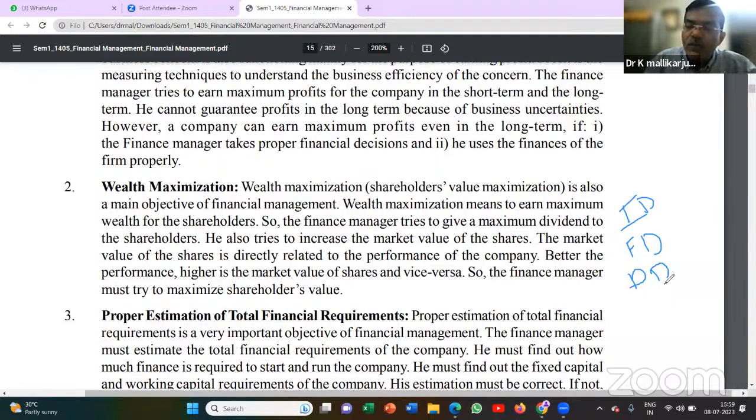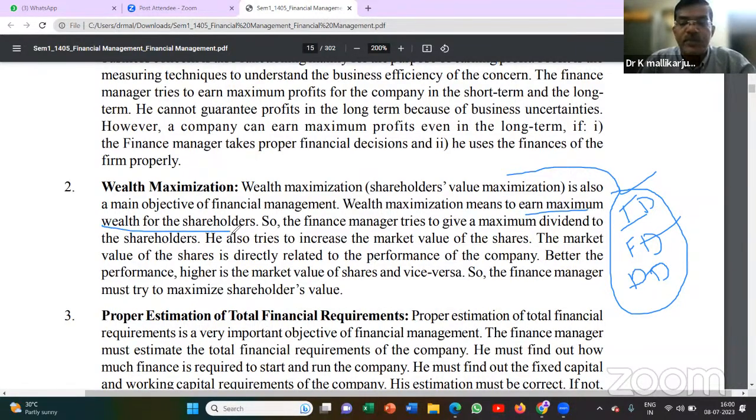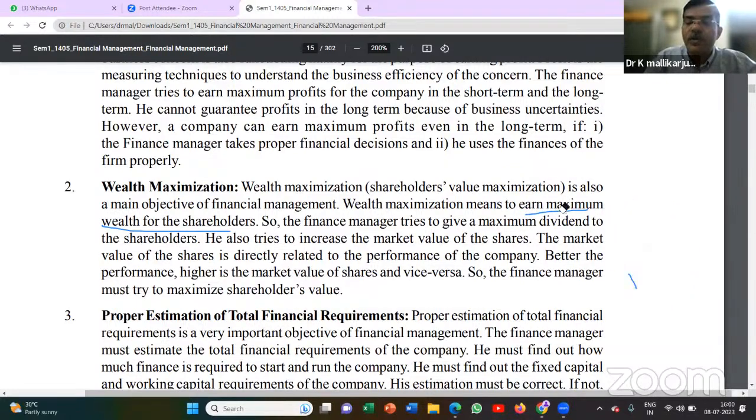If the firm takes appropriate decisions on these three, the firm value increases if the firm takes good investment decisions, good financing decisions, and good dividend decisions. These three help the company maximize its earnings and the wealth of shareholders. If the financial management takes these three decisions well, the firm can maximize its shareholders' wealth.